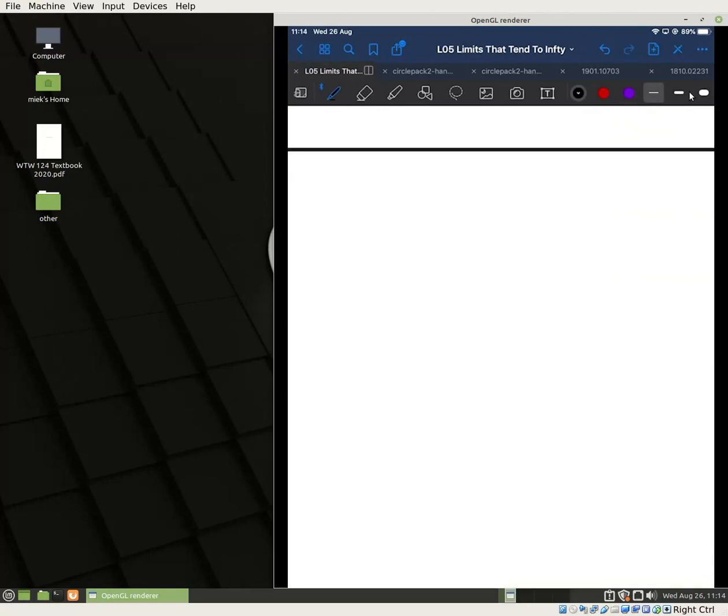We have also seen previously that we can rework limits that tend to minus infinity into limits that tend to plus infinity, by manipulating the functions that we are working with.